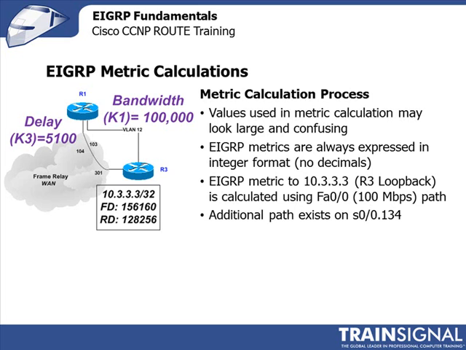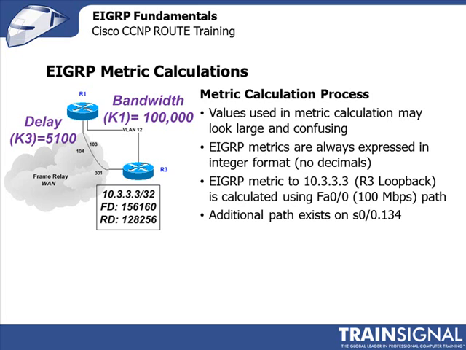But it's important to understand that metrics for EIGRP are always expressed in integer format. There are no decimals, there are no fractions. It's just simply rounded up to the next whole number. And in this particular case, because the higher bandwidth is more preferred, this is what's being used as the primary route between R1 and R3.